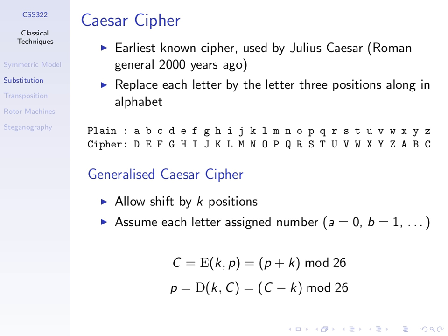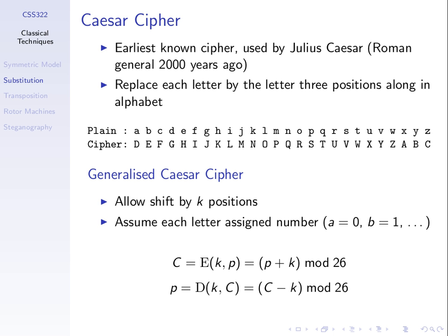What is the ciphertext if that is the plain text? Input plain text S, output ciphertext V. Why V?